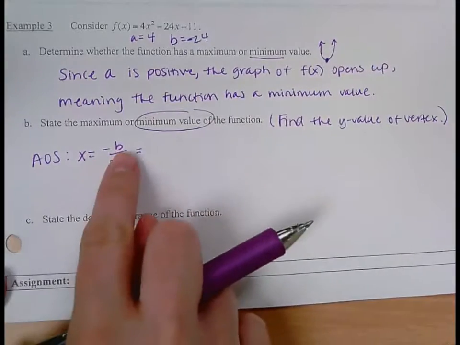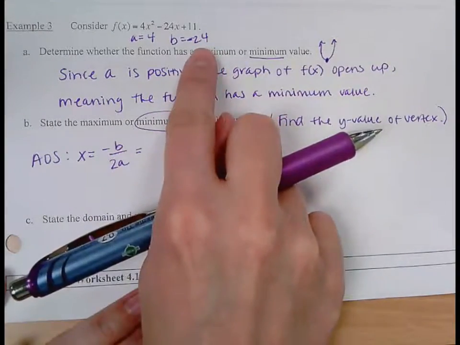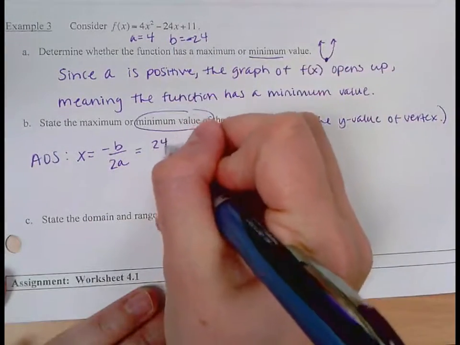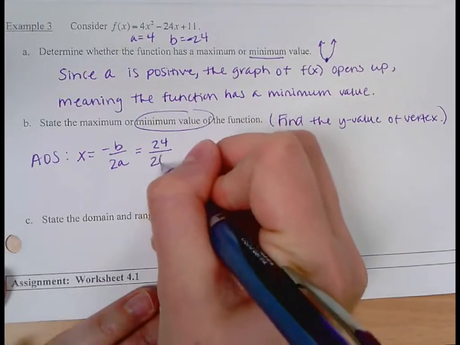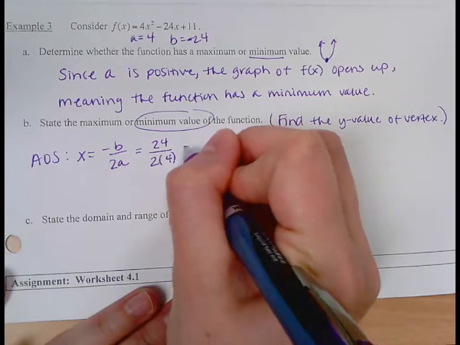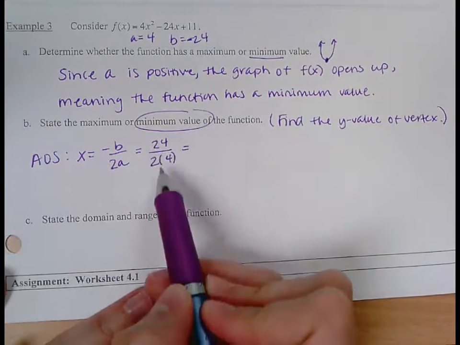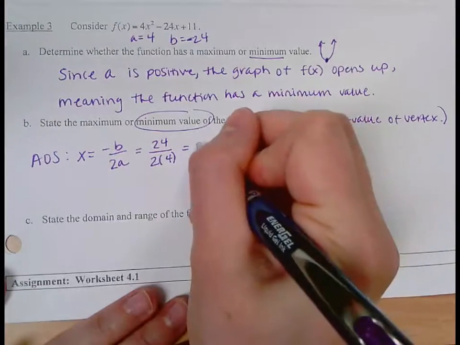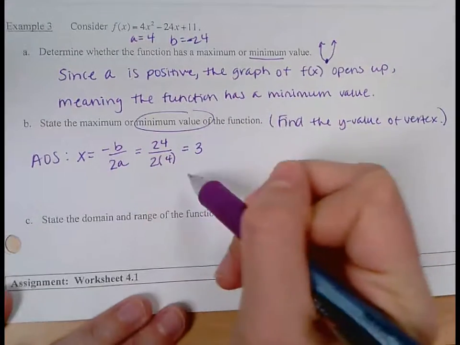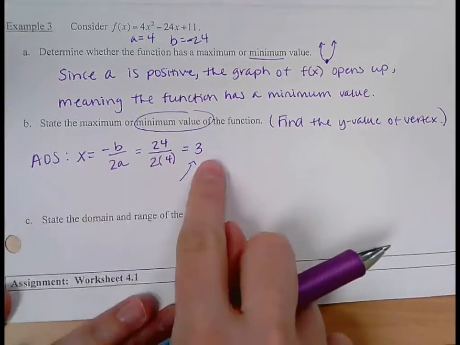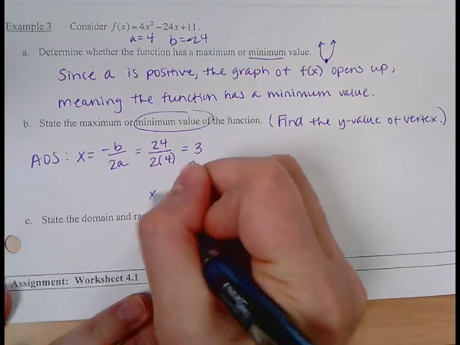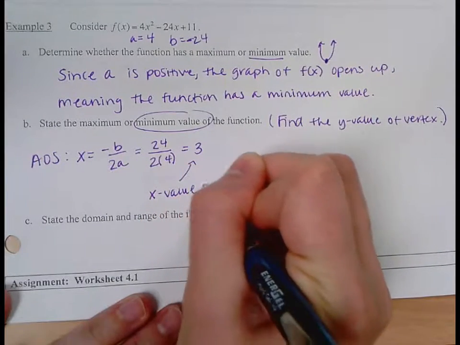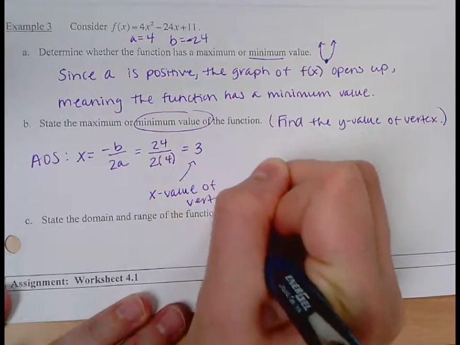If we have the opposite of b, that's the opposite of -24, so that's +24 over 2 times a, which is 4, and that would be 8. So 24 divided by 8 is 3, and it's positive. So yes, that's where the axis of symmetry is. That's also the x value of the vertex.